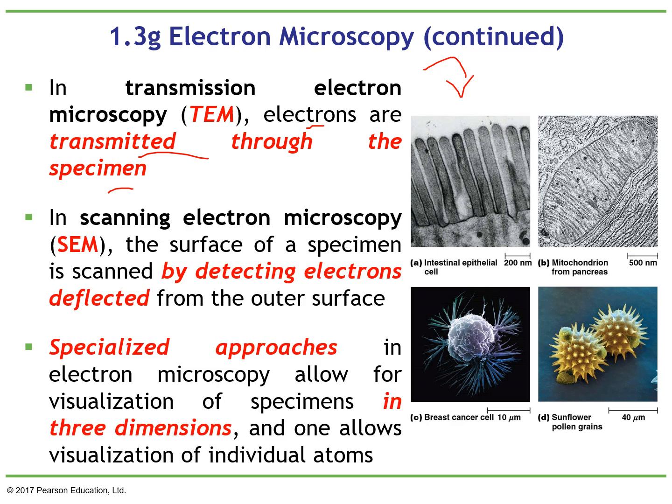And in scanning microscopy, that you can see here, this allows you to see the surface of the specimen that is scanned, by detecting electrons that are deflected from the outer surface. As a result, in one type of microscopy you can see things in 3D, while in the other you only see the pictures with much more resolution, but only in 2D.